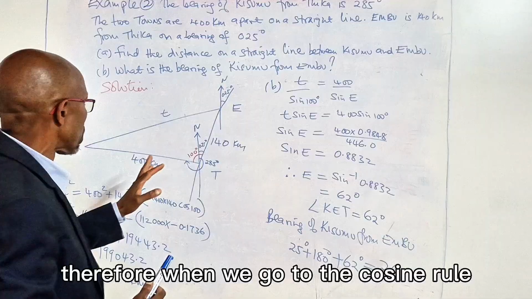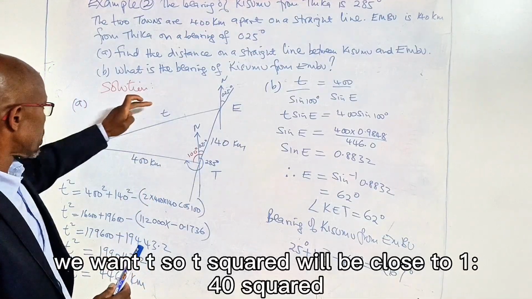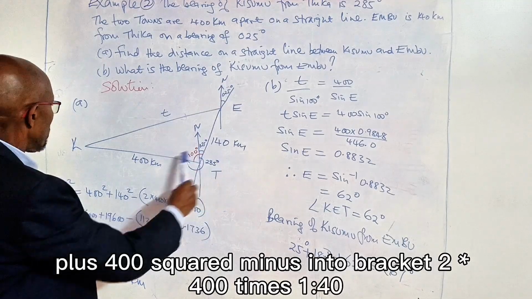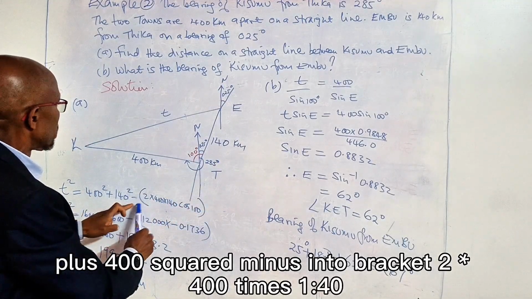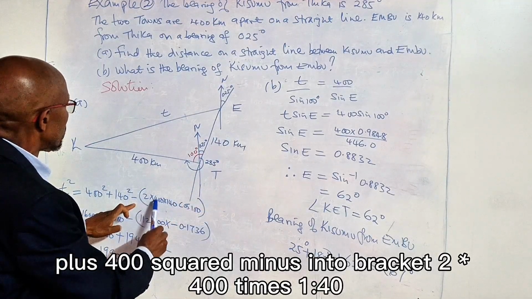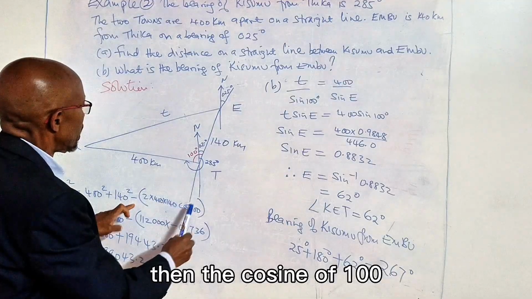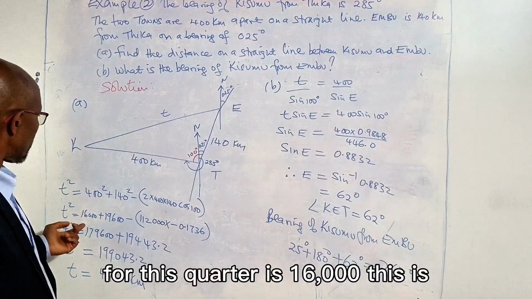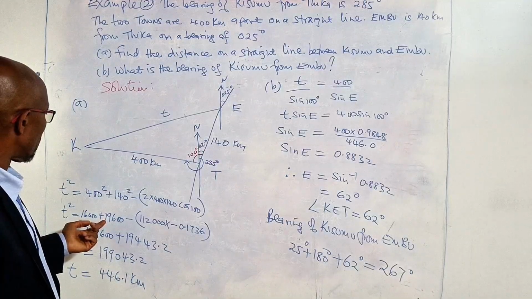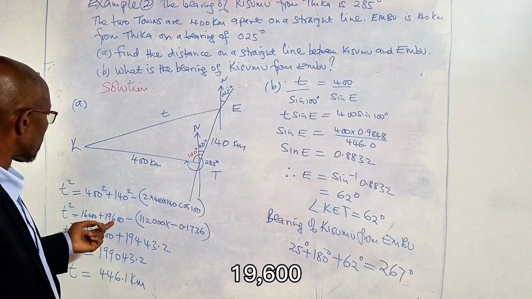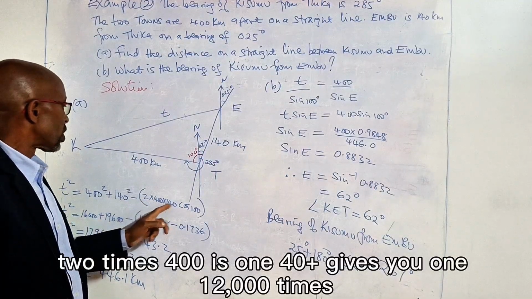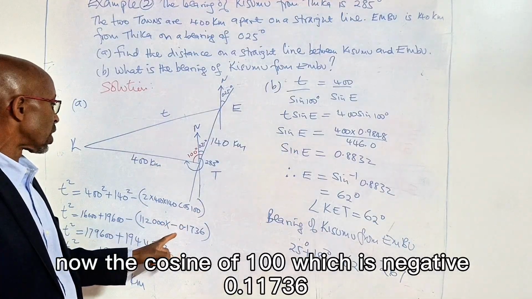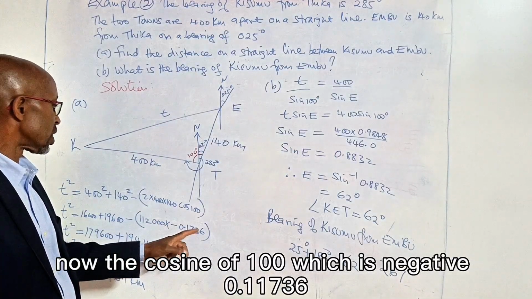Therefore, when we go to the cosine rule, we want t. So t squared will be equal to 140 squared plus 400 squared minus, in brackets, 2 times 400 times 140, then the cosine of 100. 400 squared is 160,000. 140 squared is 19,600. 2 times 400 times 140 gives 112,000, times now the cosine of 100, which is negative 0.1736.